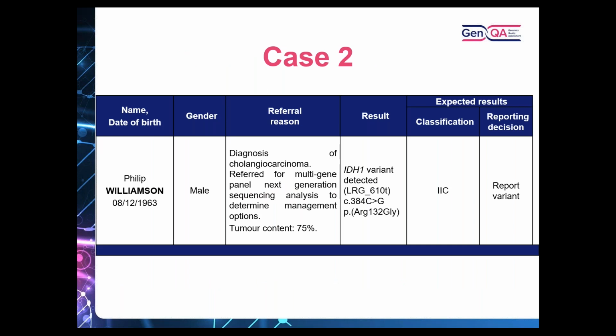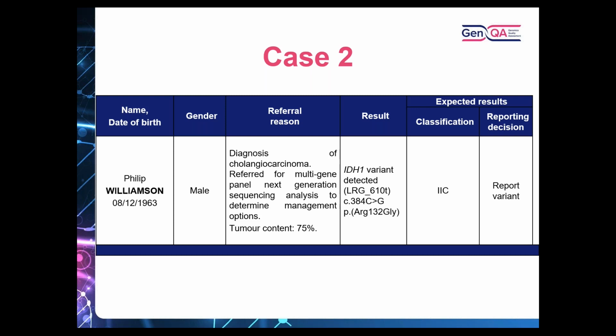So case 2, this was a male patient born in 1963 who had a diagnosis of cholangiocarcinoma. They had a multi-gene panel next generation sequencing applied to their tumour, again to determine management options, with a tumour content of 75%.